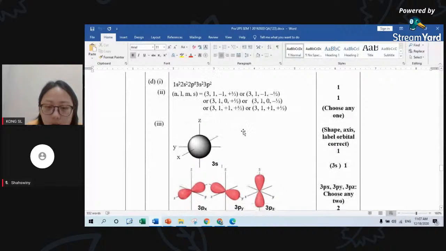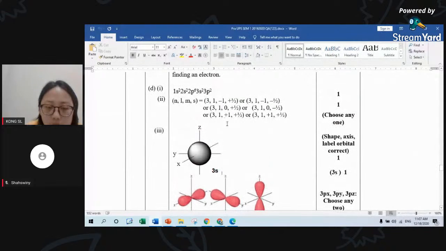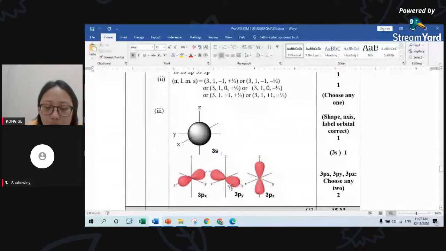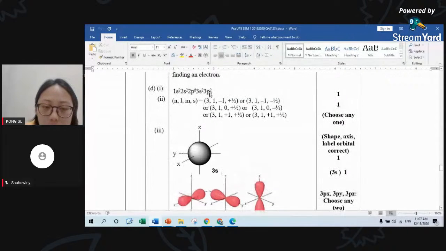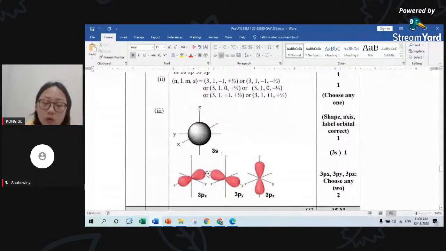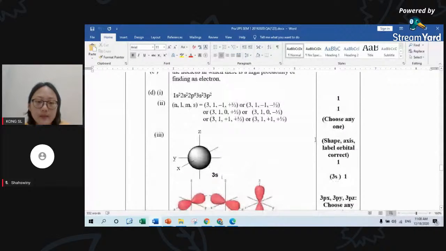And then over here you must, okay, 3s2, 3p2. You must draw the s orbital and 2 of the 3p orbitals. Why? According to Hund's rule, if there are 2 electrons for the p orbital, you have to singly fill first, meaning that it occupies 2 orbitals of the 3p orbital. It means it has entered 3p, 3px, 3py or 3px, 3pz. Either one. So that's why you need to choose any 2. You must draw 2 p orbitals and 1 3s orbital in order to score 3 marks.